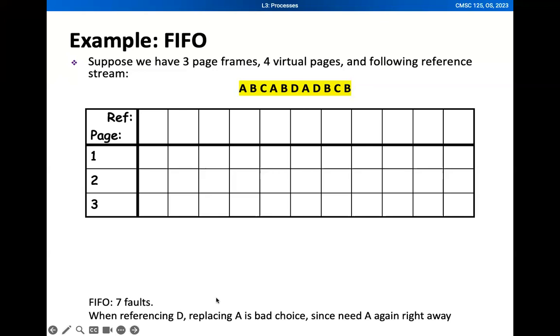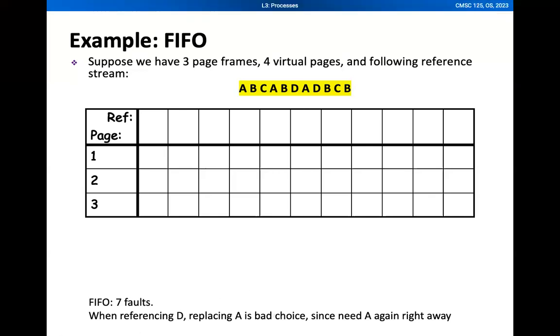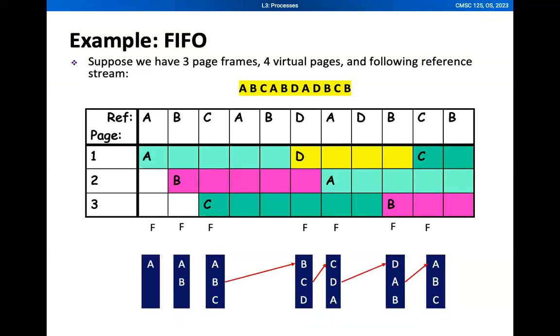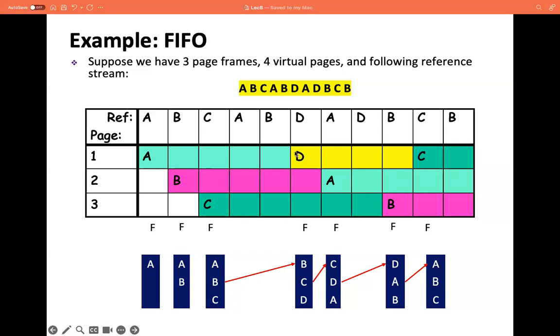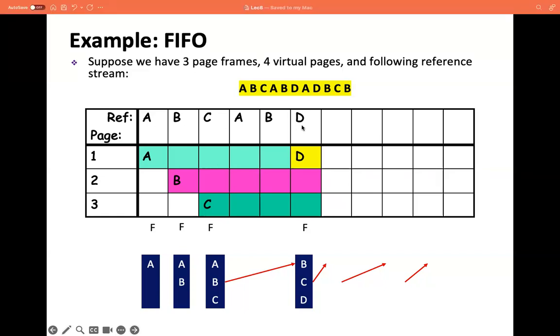So when referencing D, replacing A is a bad choice since we needed A again right away. What we meant by this is, earlier, if we go back here, we had recently A, B, C, A, B, right? But when D came, it wasn't loaded in the main memory and we don't have available space.